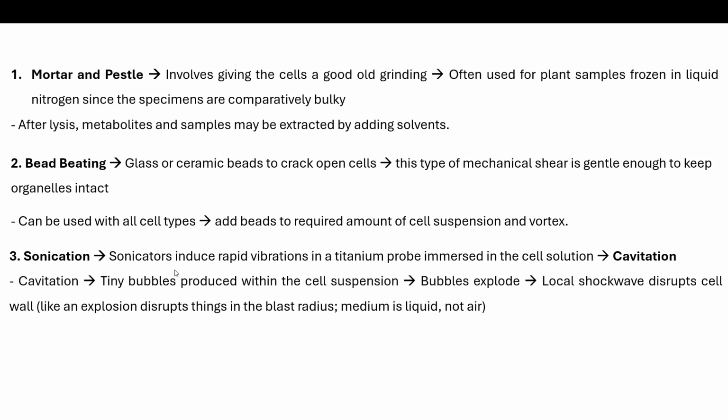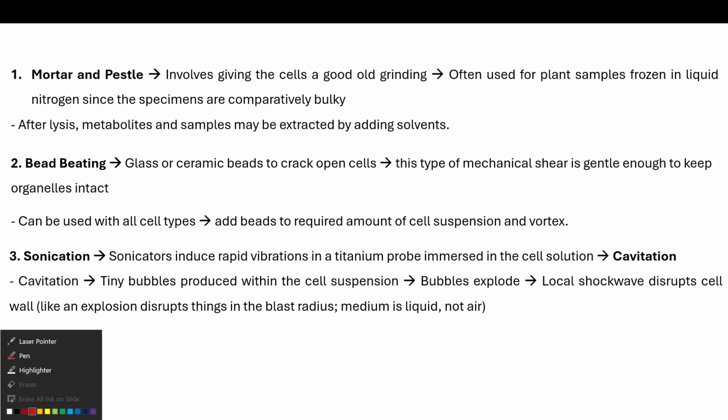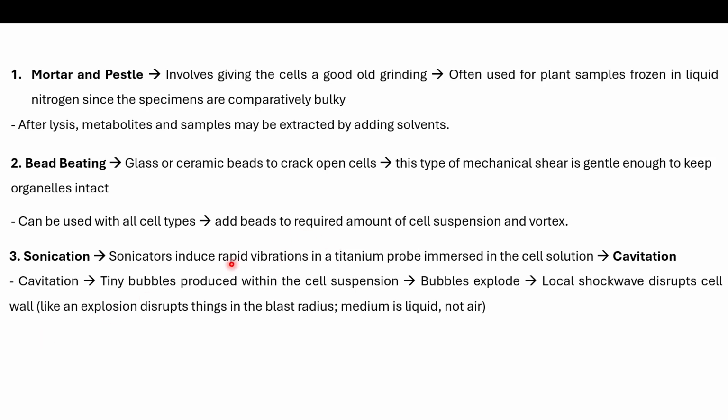What happens here is a titanium probe which can emit vibrations. The whole setup is called a sonicator. There's a certain kind of probe here which produces rapid vibrations, and this is immersed in your tube, which has the cells suspended in a suitable buffer.